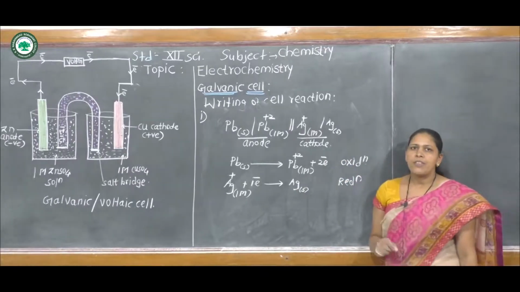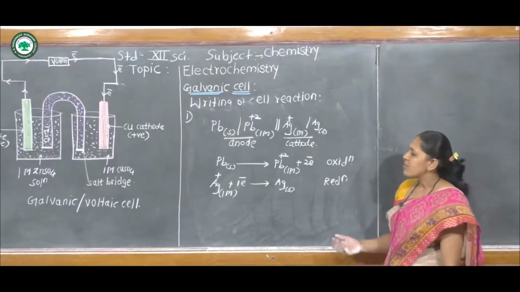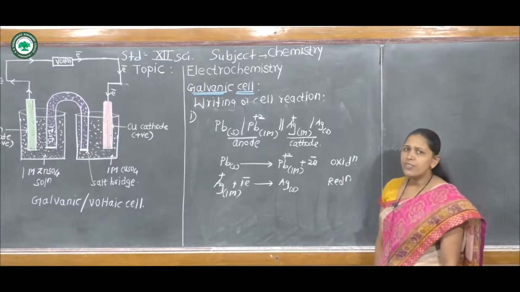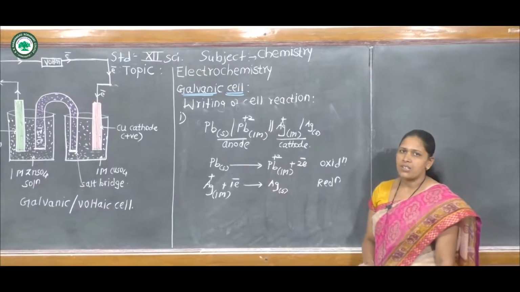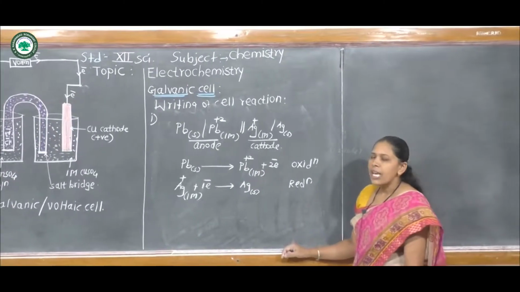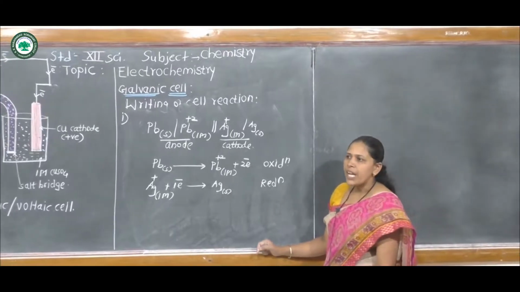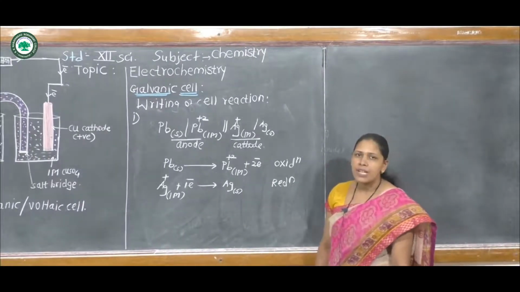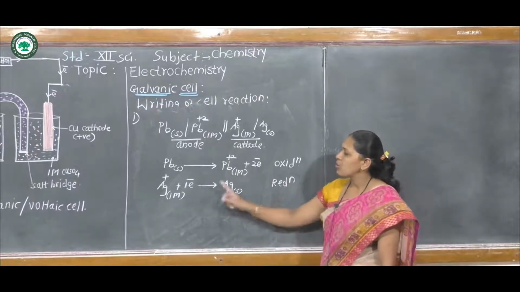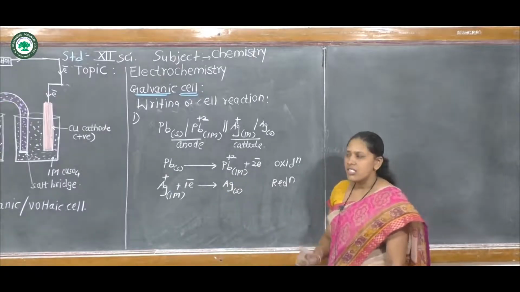But while adding, it must be confirmed that electrons in both reactions are the same. Here the electrons are different. Therefore we have to multiply the reduction half reaction by a suitable numerical factor so that both electrons are same.